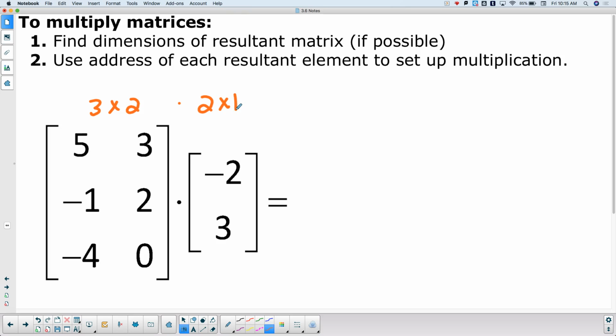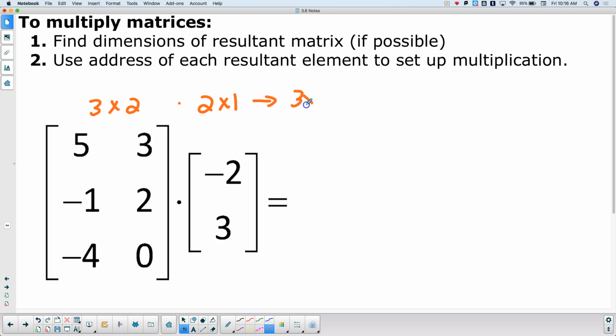Can I multiply those two matrices together? Yes. And what is the size of the result? It's going to be a 3 by 1.